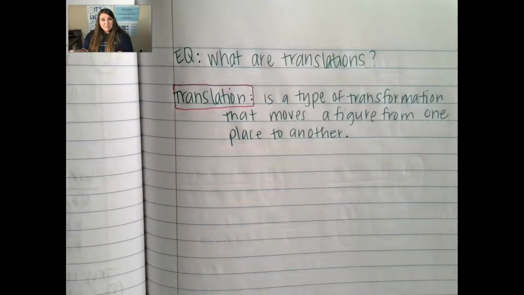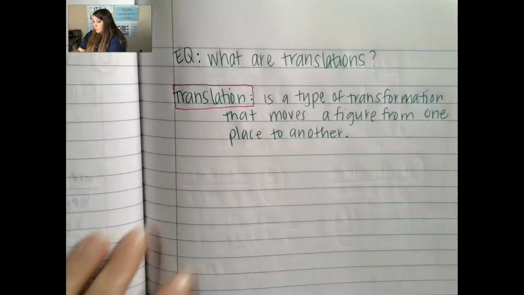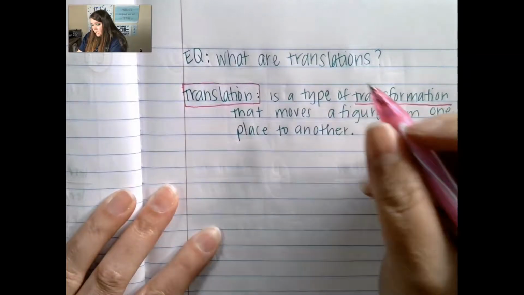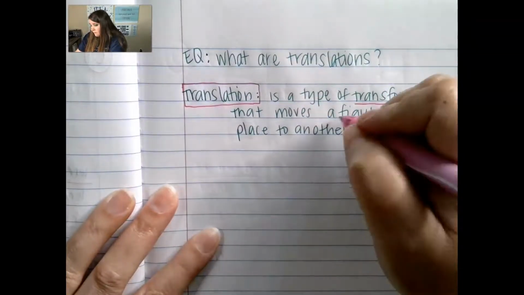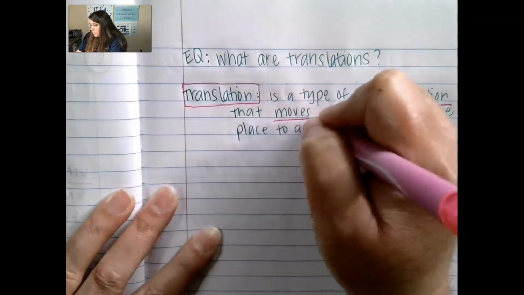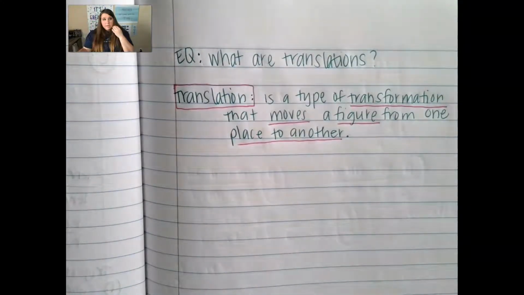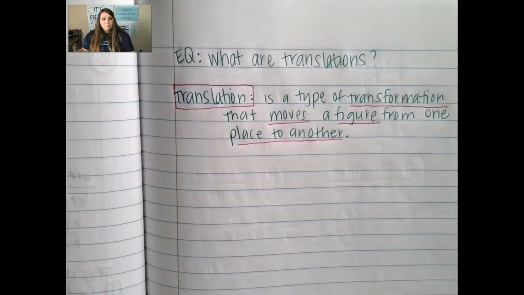So you're taking those same words and just changing them to a different location or a different type of language. So it's a type of transformation, so you're just changing that shape or that figure from one place to another.